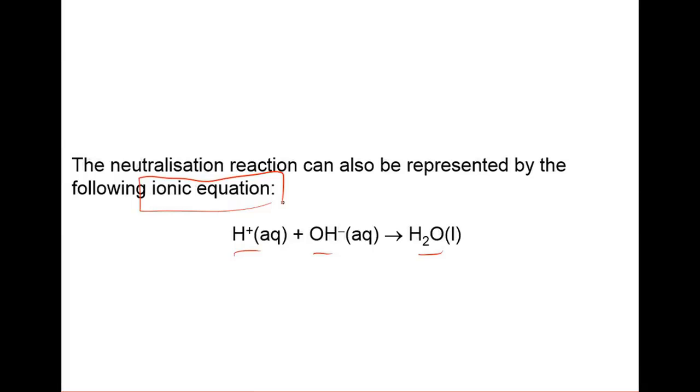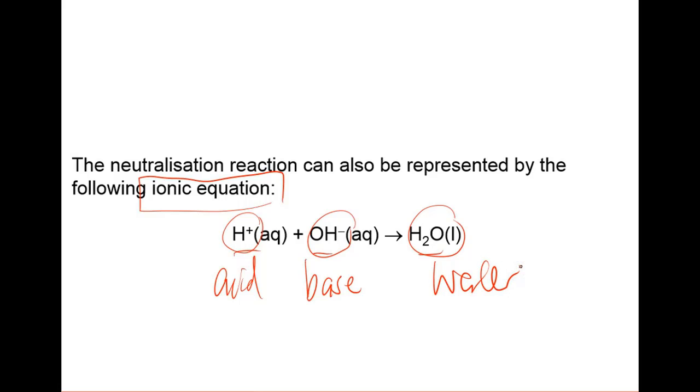Later on in this topic, we will go into more depth on the derivation of the ionic equation from a chemical equation. So for now, we will just take note that the neutralization reaction is simply H+ and OH- giving us water. The H+ comes from the acid, the OH- comes from the base, and they react to give us water. So this is the neutralization reaction.